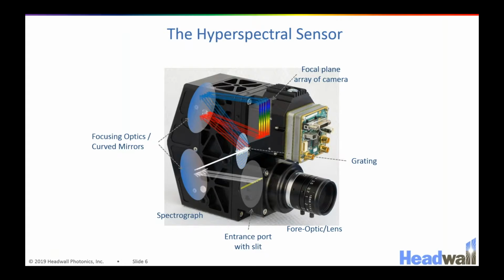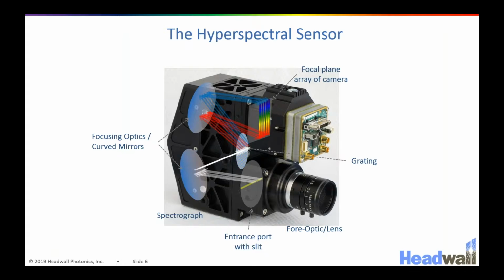A normal Offner relay will just be a 1-to-1 imager. It would take this slit and just reproject it onto the focal plane, and you'd have one little line across the center showing that scene. However, we have slightly modified the standard Offner relay by making this second convex mirror a convex diffraction grating. That diffraction grating will disperse the light in the other dimension and fill up your whole 2D focal plane array.